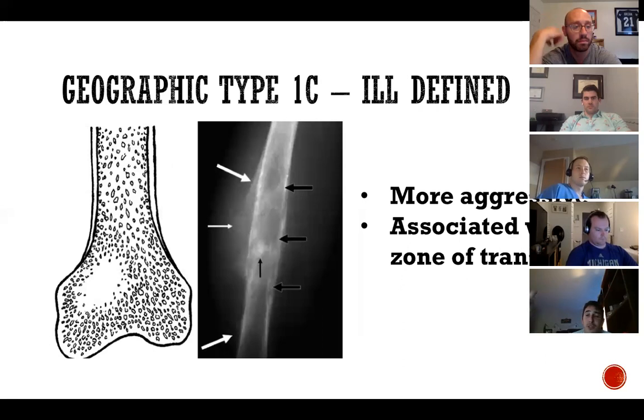Don't get hung up on the terminology. It's good to be able to describe it, but all of us are looking at that and saying that's concerning, even though you have a couple of areas that are a little more geographic and well demarcated. Again, you don't have a distinct margin, a distinct zone of transition. So I just wanted to jump in there for that.